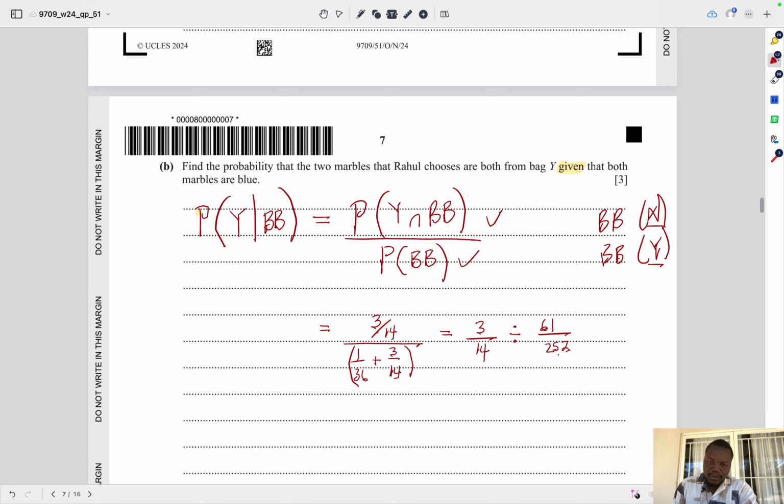So all I'm now going to do is 3 over 14 divided by my answer, which gives me the answer to be 54 over 61. So this is the probability that the two balls are of the same color and they are from bag Y, given they are both blue balls here.